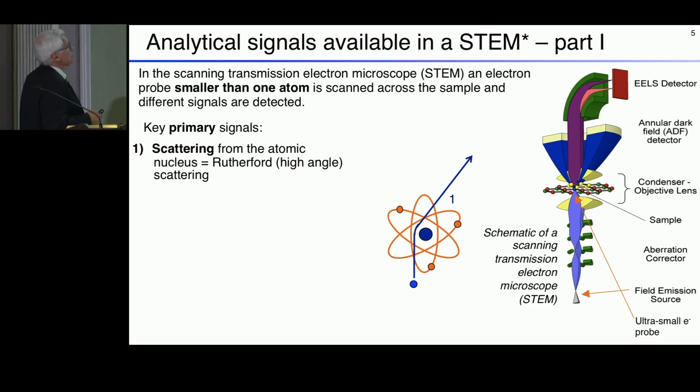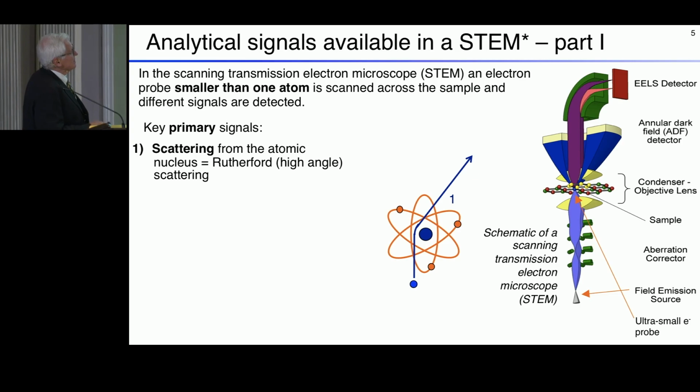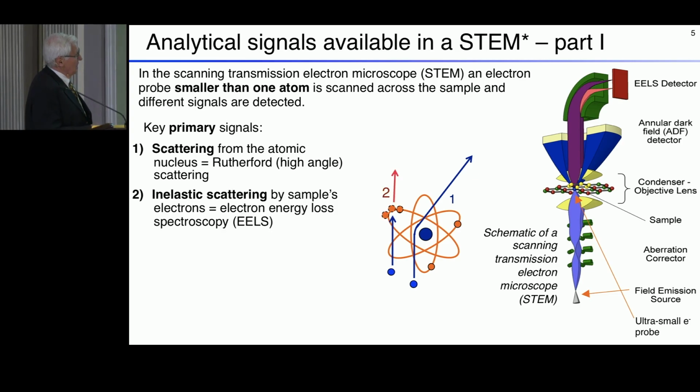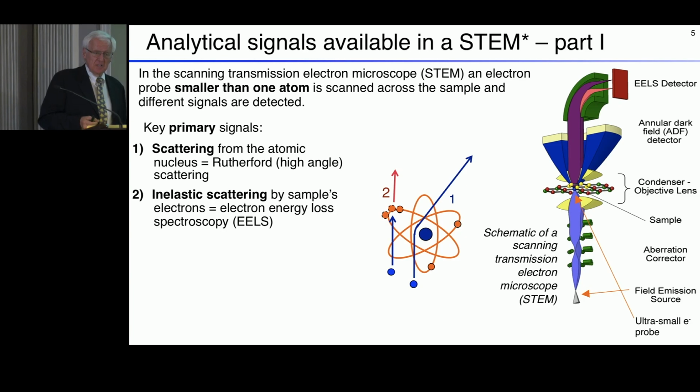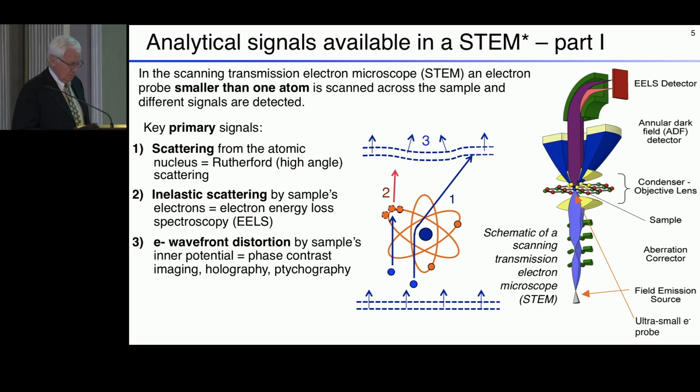And the signals that you use, a favorite one is the scattering from the atomic nucleus, which is Rutherford scattering essentially. So the electron goes close to the nucleus, gets scattered to high angles. And another very powerful one is the electron interacts with electrons going around the atom, transfers energy to them, and you have so-called energy loss spectroscopy, and that tells you what kind of atom you had and various other things, band structure around the atom.